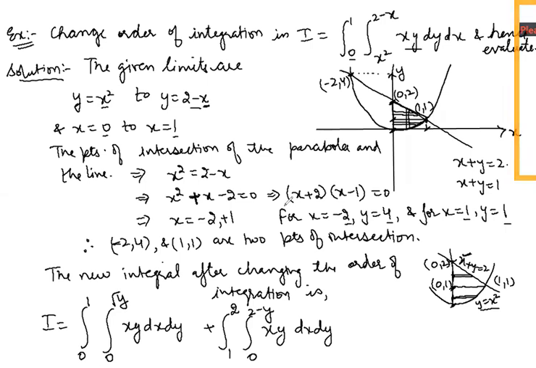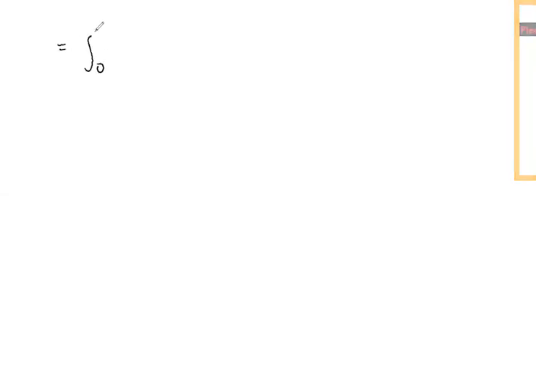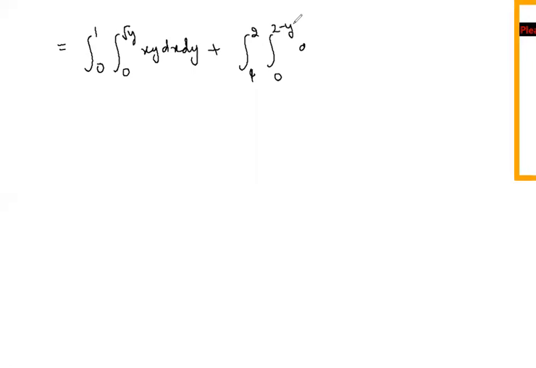So this is equal to, now we can evaluate this integral. 0 to root y xy dx dy. Okay. Then it is 1 to 2, from 0 to 2 minus y, xy dx dy. Okay.